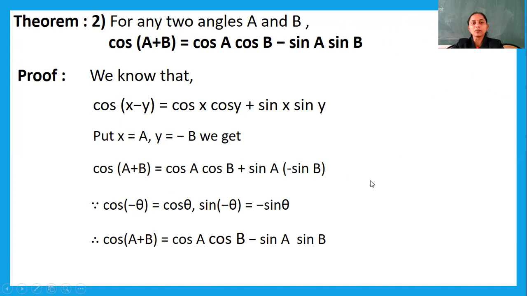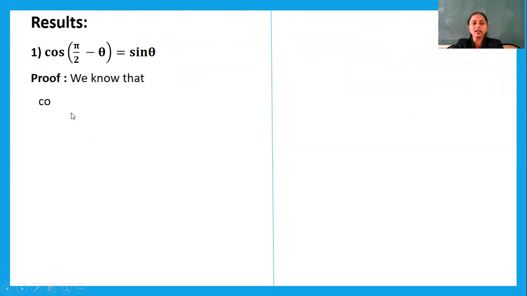Now, next formula is for the sine. Also, we will see the results. Firstly, cos(pi by 2 minus theta) is sin theta. I can write its proof using cos(x minus y). Cos(x minus y) is cos x cos y plus sin x sin y. Now here x is pi by 2 and y is theta.